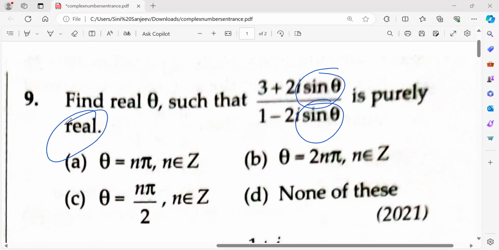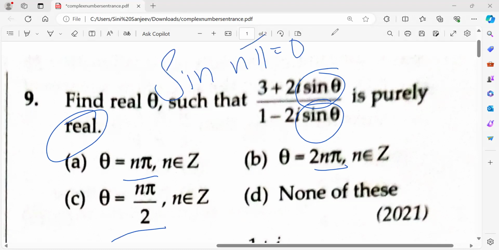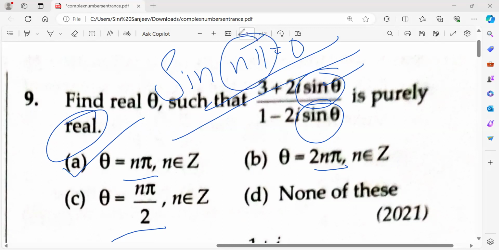Whenever you get sine theta and you're having n pi by 2 and all, right? Correct? Sine n pi, what is the value? 0. Real term, obviously, we'll be equating it to 0. So whenever you get sine in this, put option A. N pi is the answer. Theta is equal to n pi.